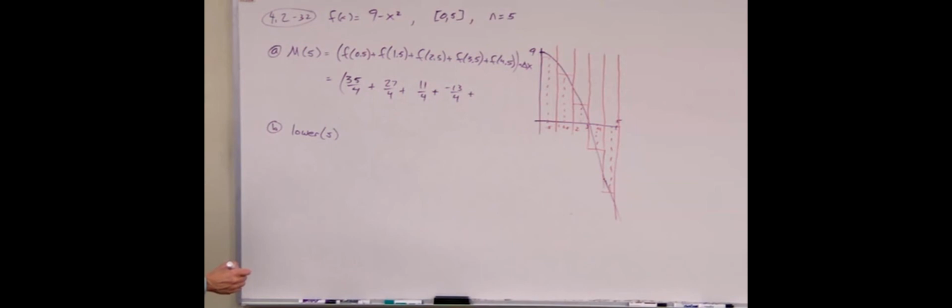So 9 minus a fourth is 8 and 3/4, so 35/4. 1.5 is 3/2, so that's 9/4 from 36/4, it's 27/4. 5/2, 25/4 from 36/4 is 11/4. 7/2, 49/4 from 36/4 is -13/4. 9/2, 81/4 from 36/4 is -45/4.